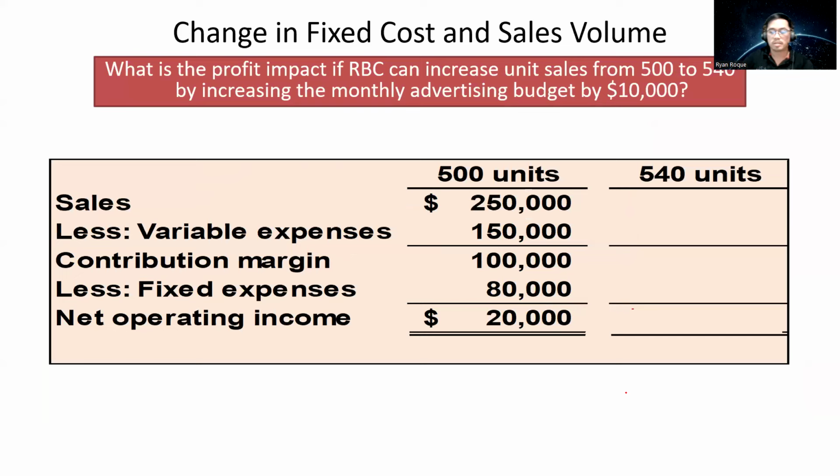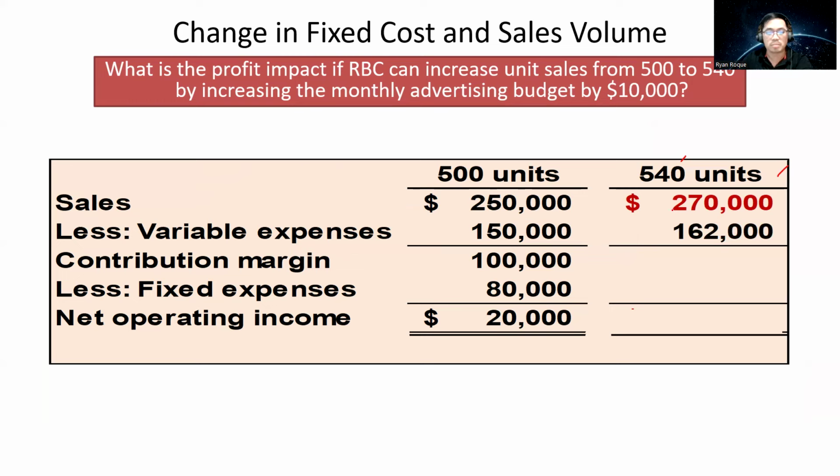Okay. So let us prepare the new income statement if there will be 540 units sold. So your sales would be 270,000. So that would be 540 units times 500 pesos. And then your variable expenses would be 300 times 540. That's 162,000.